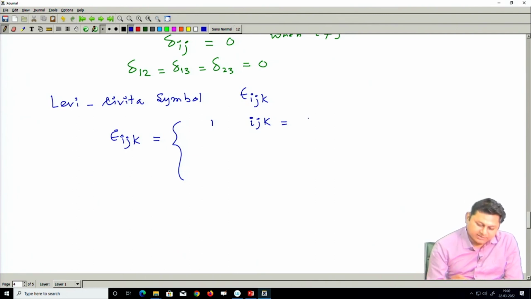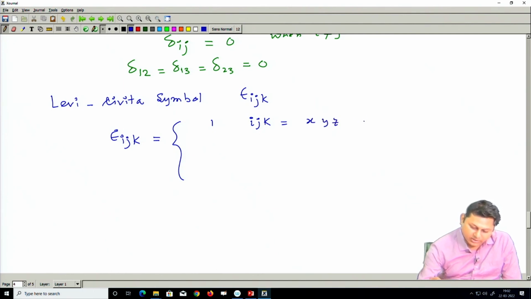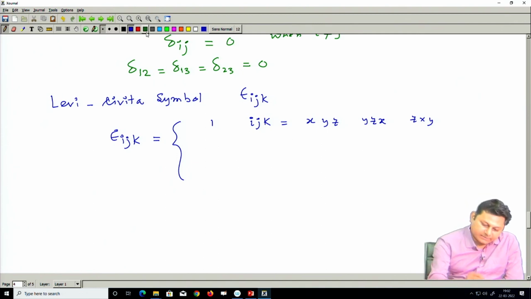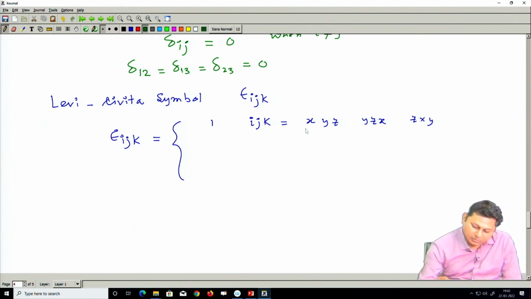For example, if I consider this as x y z, then when it is x y z, or y z x in cyclic order, or z x y. In terms of 1 2 3, when it is 1 2 3, when it is 2 3 1, and when it is 3 1 2, this value is 1.